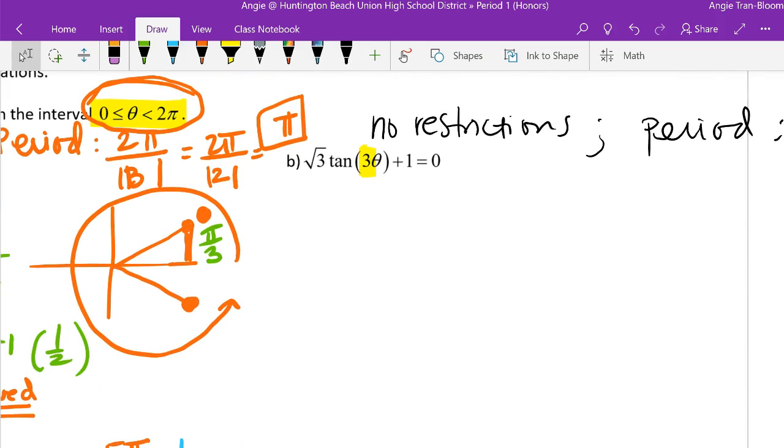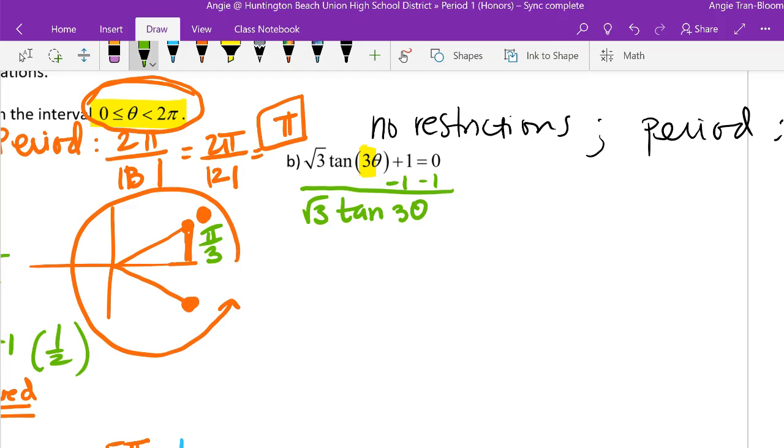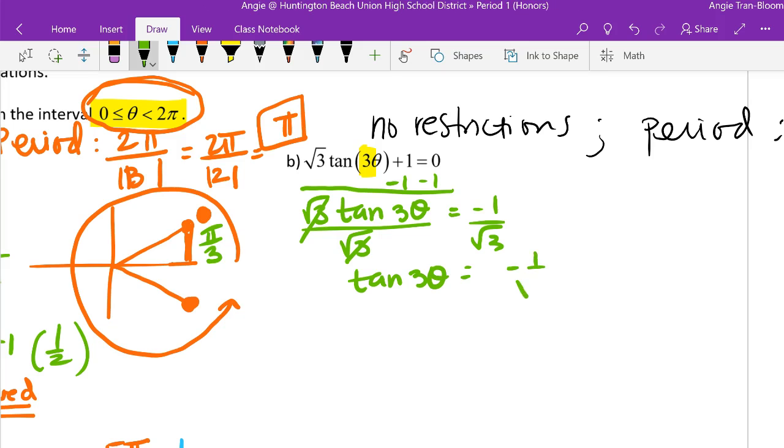So here we go. Move the 1 over. Radical 3 times tangent of 3 theta equals negative 1, divided by rad 3 divided by rad 3. Tangent of 3 theta equals negative 1 over rad 3.